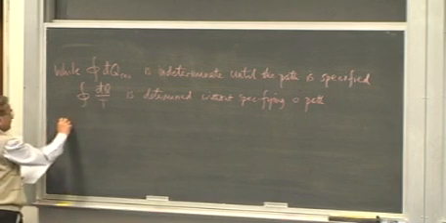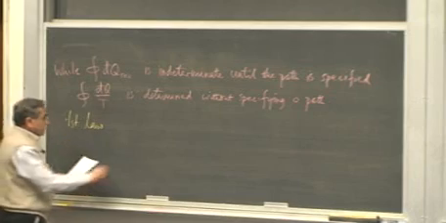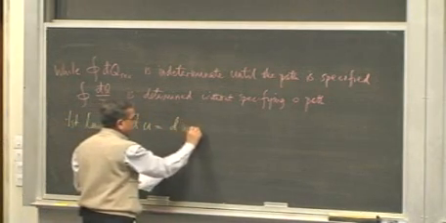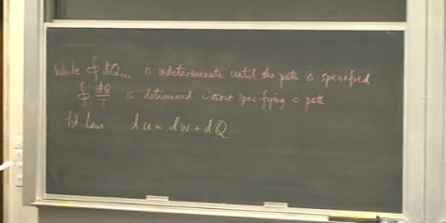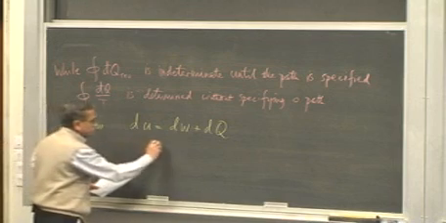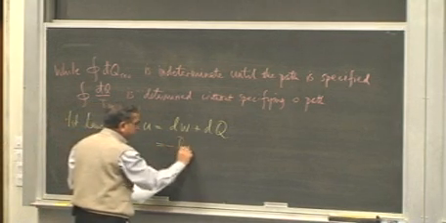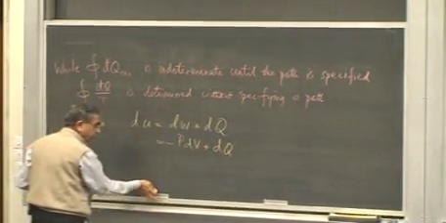The first law is dU equal to dW plus dQ, and in a quasi-static process, we can write this as minus P dV plus dQ. You all agree now?